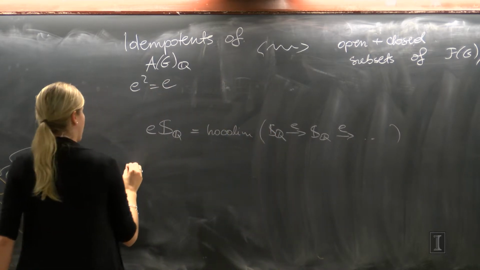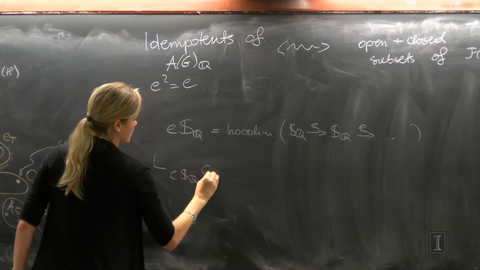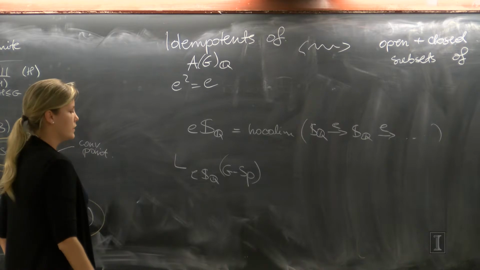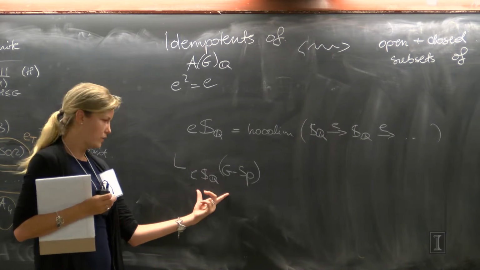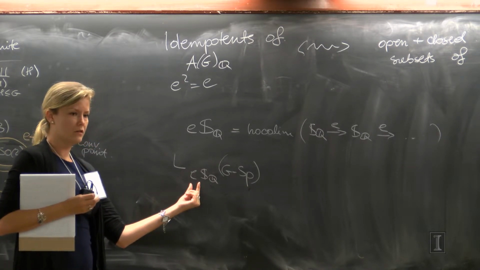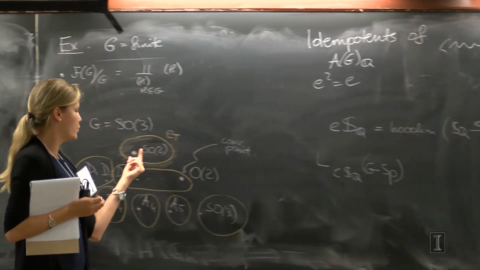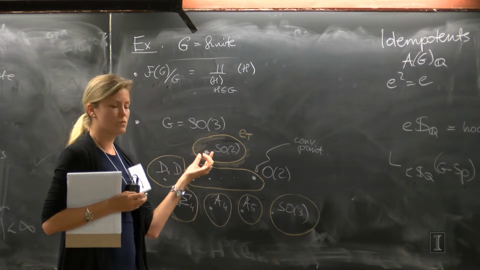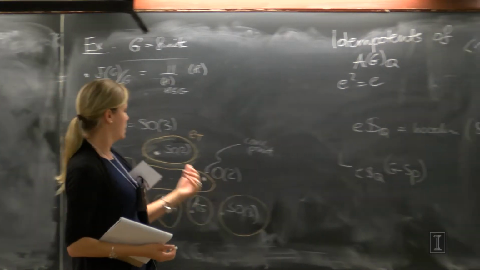And if I define it this way, I can localize the category of G-spectra at some idempotent. And it's going to turn out that this category models the homotopy theory of G-spectra which have geometric isotropy related to this E. It's not going to be exactly the support of E, but it's going to be related to E. It's going to be everything in the support of E together with all the things which have inclusions into things like this.